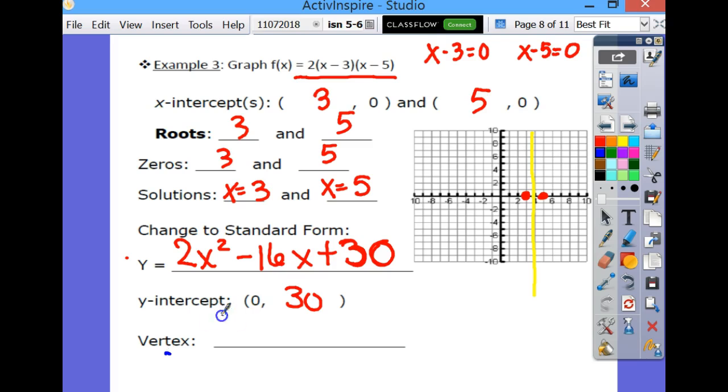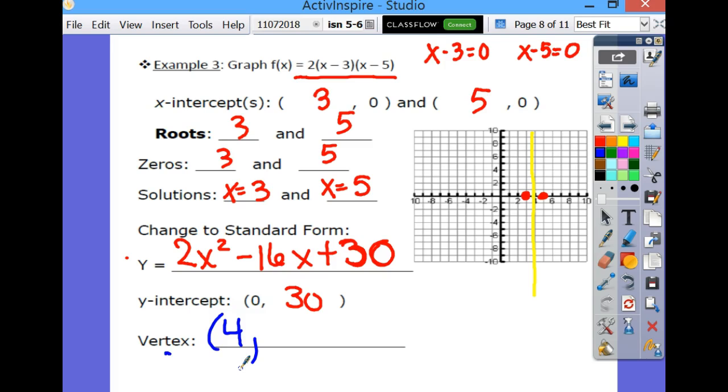And so the first part of the vertex is going to be a 4, because it's got to be on the axis of symmetry, and the axis of symmetry has to be halfway in between the roots. That's the same number you would get if you put it into the minus b over 2a formula.